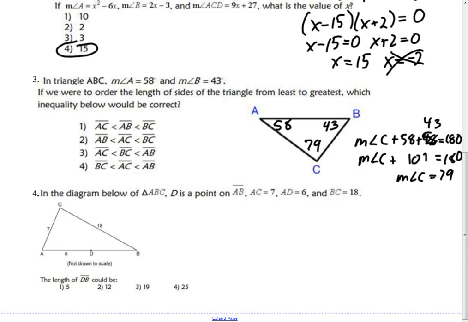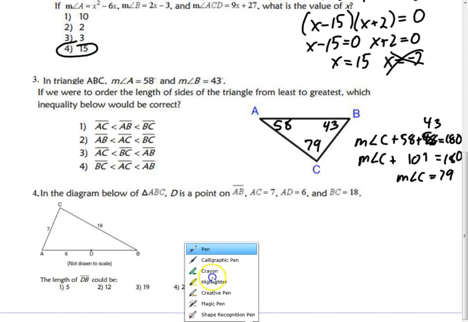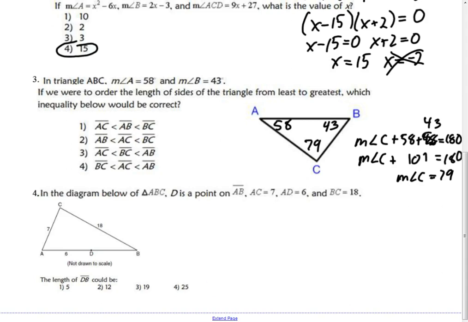So what's the relationship? The smallest angle is opposite the shortest side. I'll use a highlighter here to help illustrate that. What is the smallest angle?